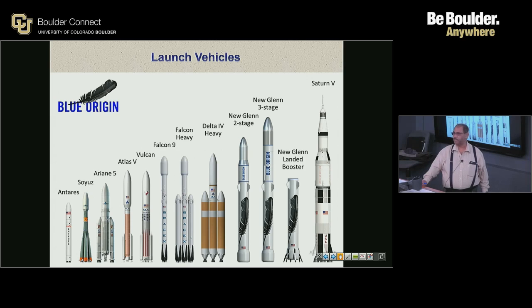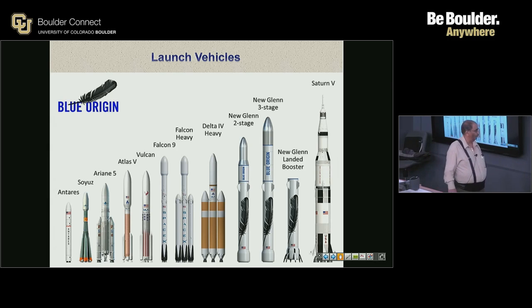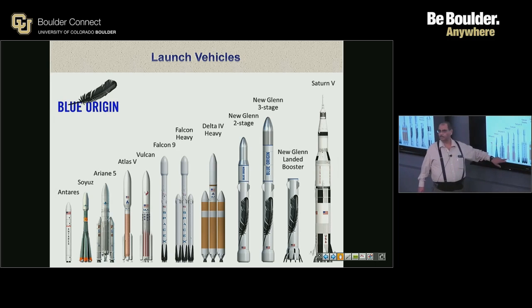Oftentimes, the simplest turns out to be cheapest, because when you talk about launch vehicles in space, the more complexity you build in, the higher the costs are, and even though you get higher performance, so what? So they're going to go back to solid rocket vehicles.